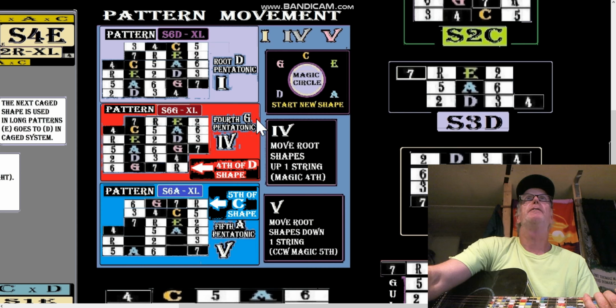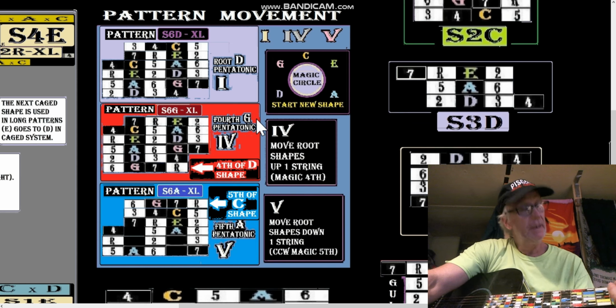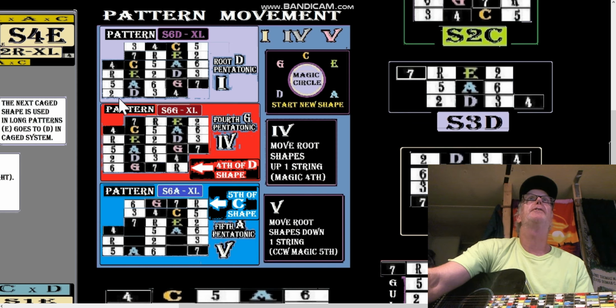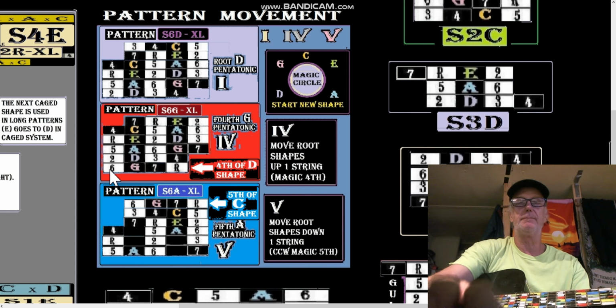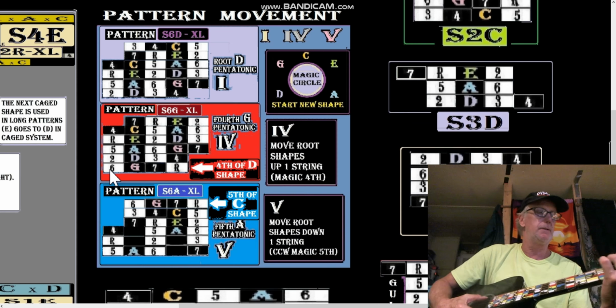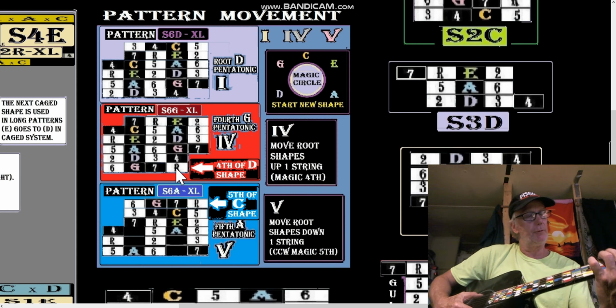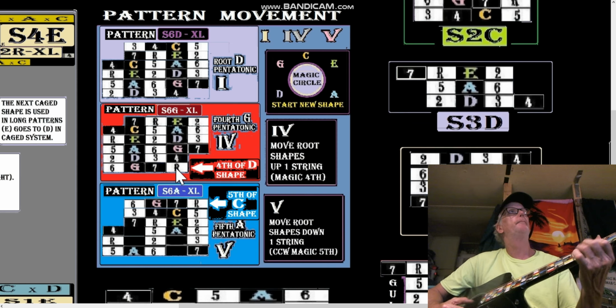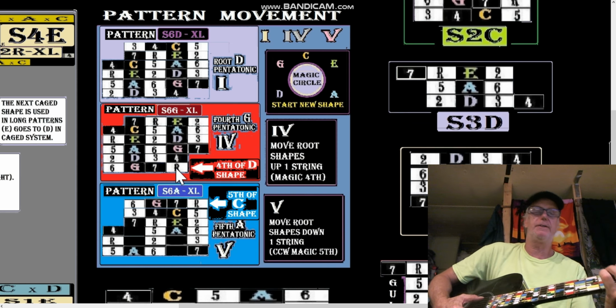Okay, from the D, the 4th of D is G. I think I made a mistake there somehow. Starting on that D, that 2. Okay, and then we'd be 6 down there. Looks like there's a mistake. Wait. Okay, I did make a mistake there. So going to that G shape, we want to be hitting the F root there. Like that. So that G shape is the 4th of that D shape.